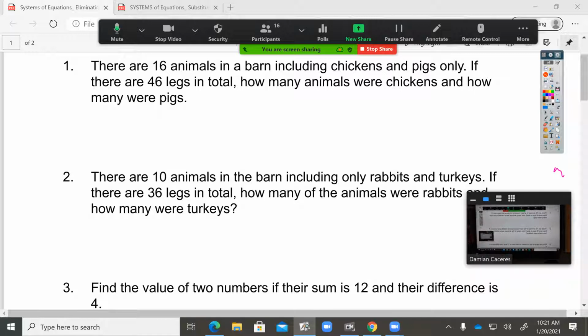Here's my advice. I recommend you follow my steps and the order in which I do it. I like to put the totals first. So if we read this word problem, the first total we run into is 16. There are 16 total animals. So we know that one of the equations is going to be equal to 16.